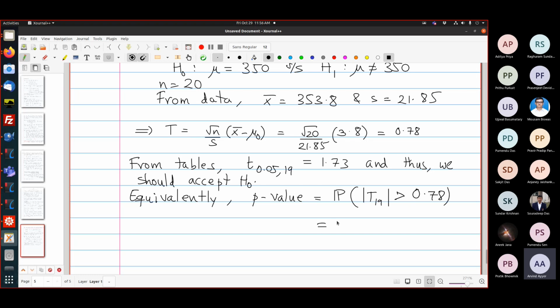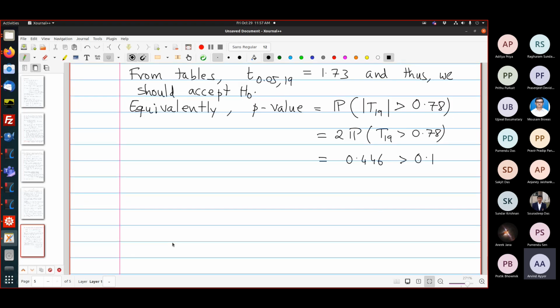The t distribution is symmetric, so this is twice the probability that t19 is greater than 0.78, which turns out to be 0.446, and that is greater than 0.1. So again we should accept. Okay.